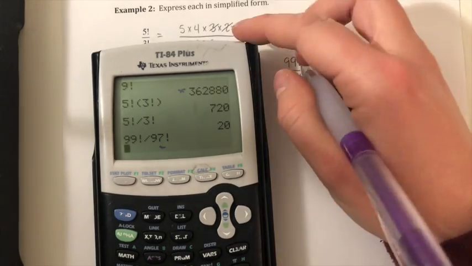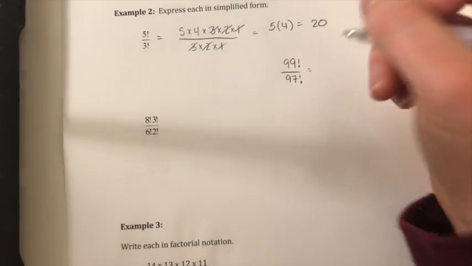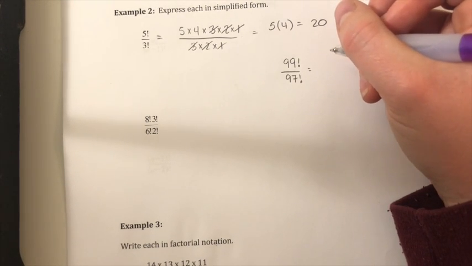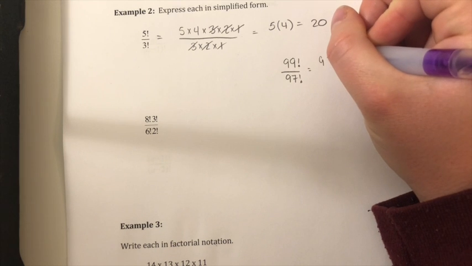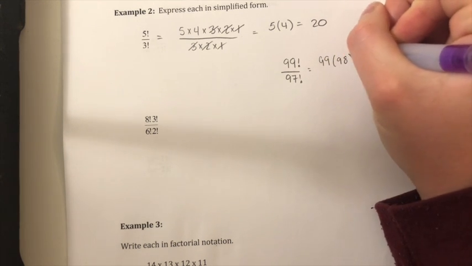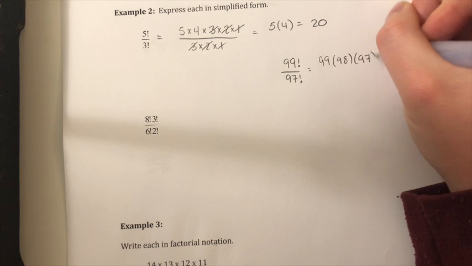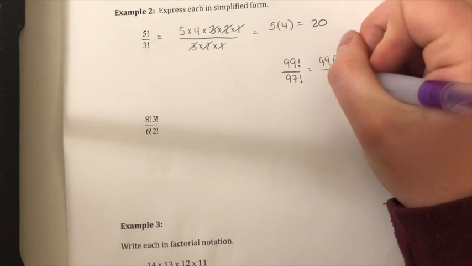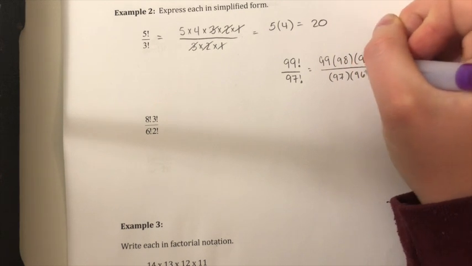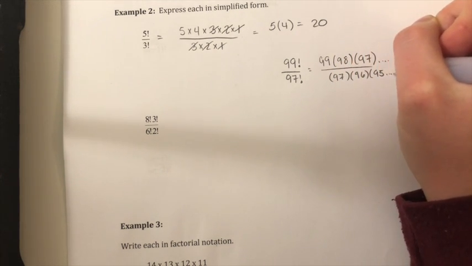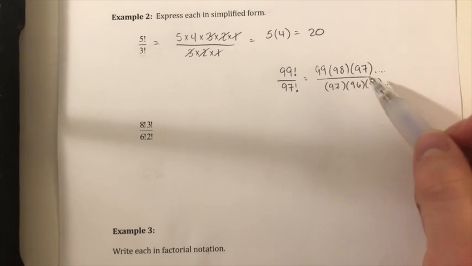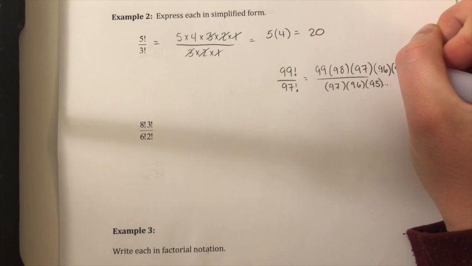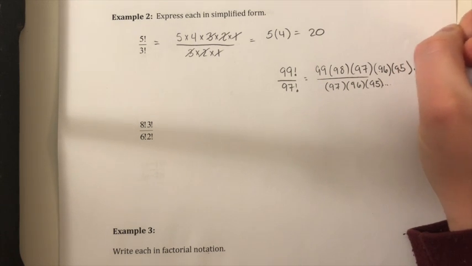So how we could do this is expand stuff out, and we're going to talk about this again in a second. We could expand this out to 99 times 98 times 97 dot dot dot, and then 97 times 96 times 95 dot dot dot.